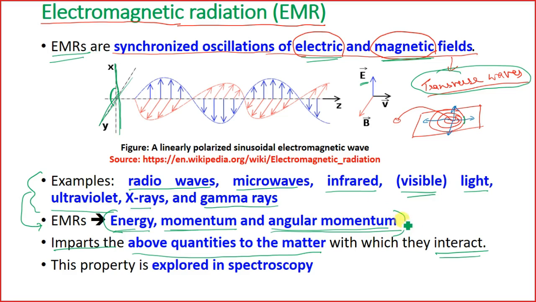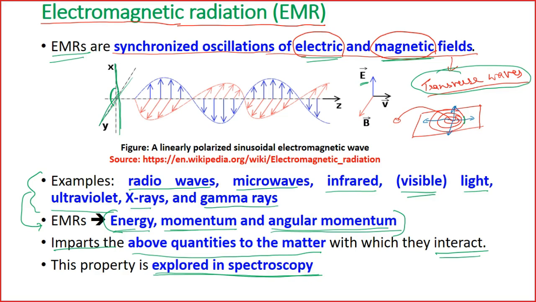So all these types of energies are partially transferred to the material. Okay, and in what way these energy components are transferred to the material, that property is explored in spectroscopy.